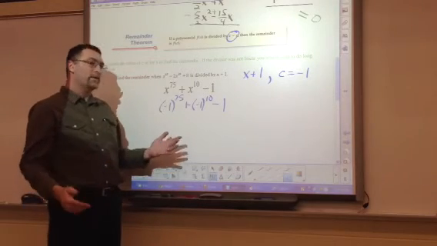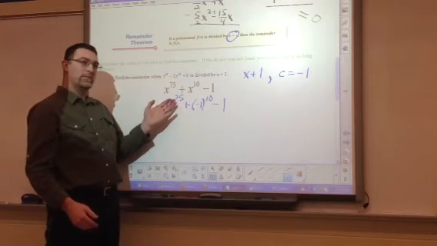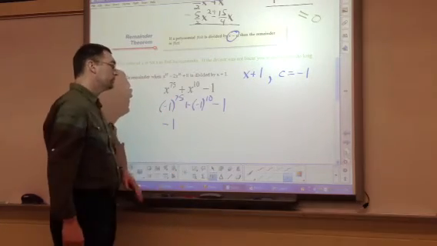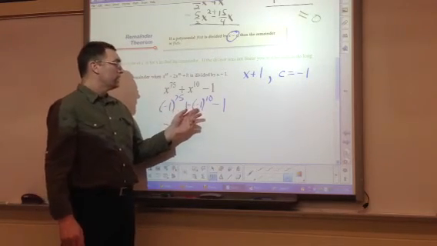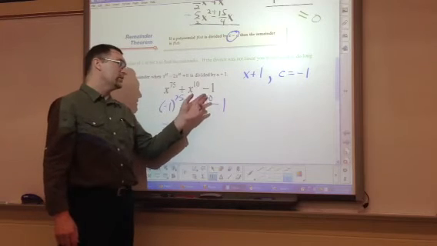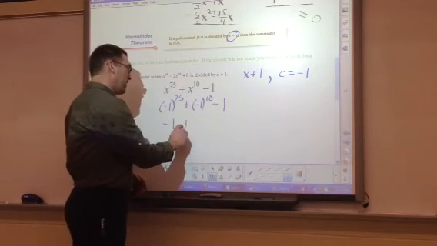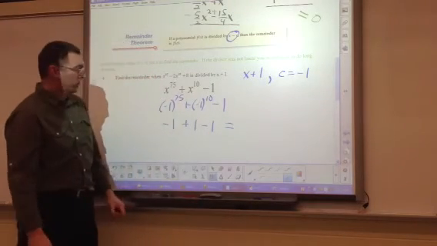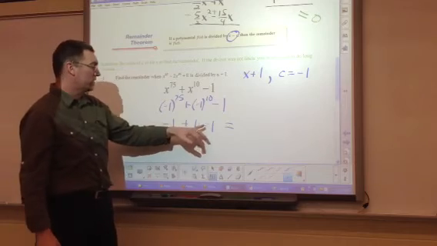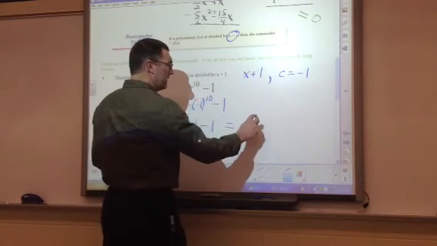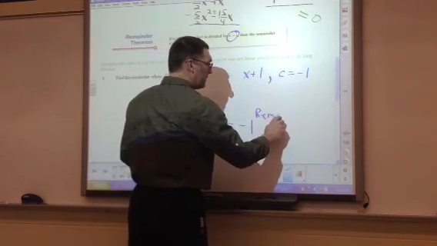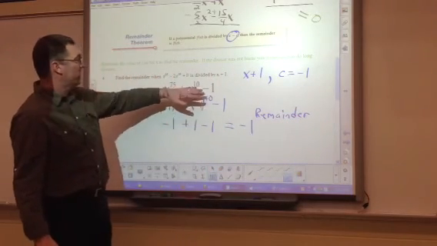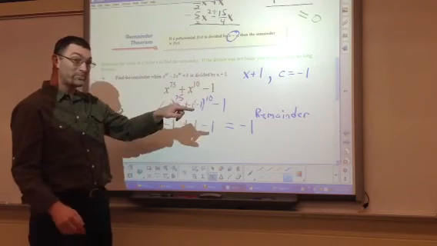If I take a negative 1 and raise it to the power of 75, since 75 is odd, I get negative 1. Negative 1 raised to an even power is positive 1. So negative 1 plus 1 is 0, and this is minus 1. This would be my remainder if I divide this by x plus 1.